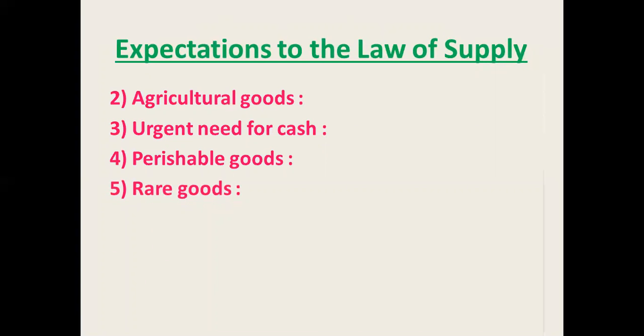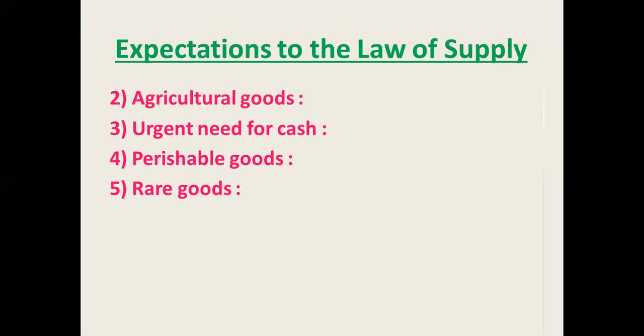Then the last exception is rare goods. Rare goods means rare articles. The supply of rare goods cannot be increased or decreased according to demand. Even if the price rises, supply remains unchanged. For example, rare paintings, old coins, and antique goods.